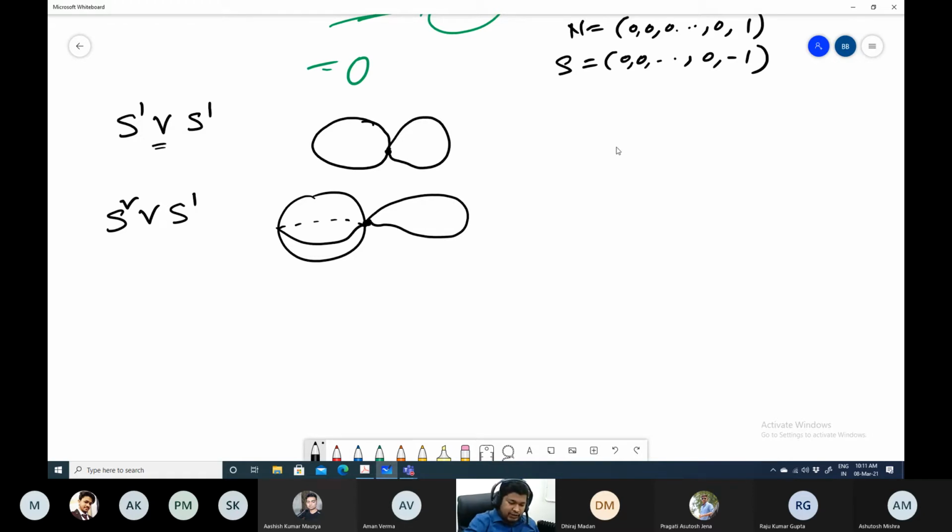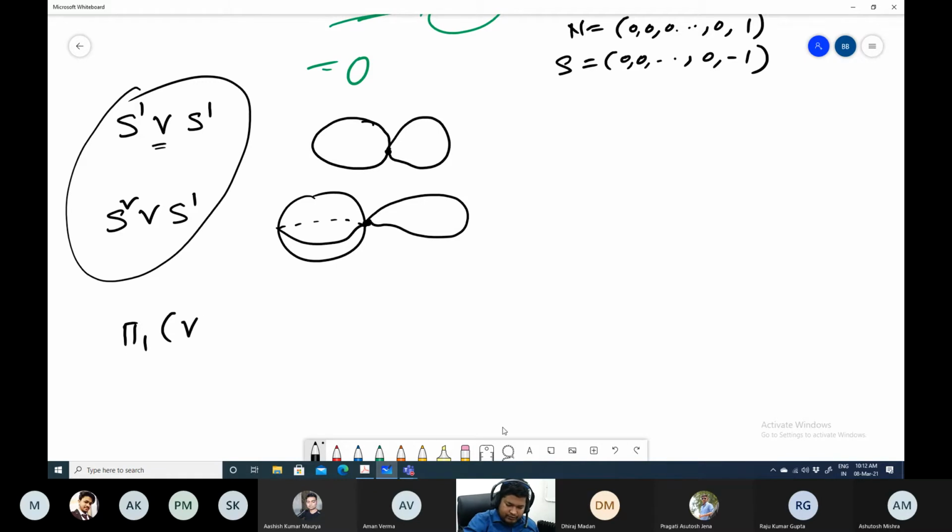Now by using the Van Kampen theorem, it is easy to compute the fundamental group of these topological spaces. First of all, we compute the fundamental group of S1 wedge S1.